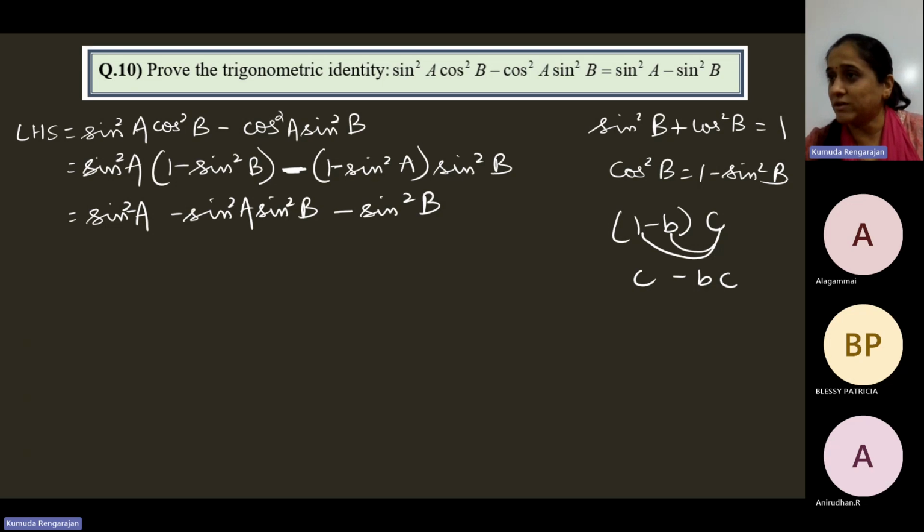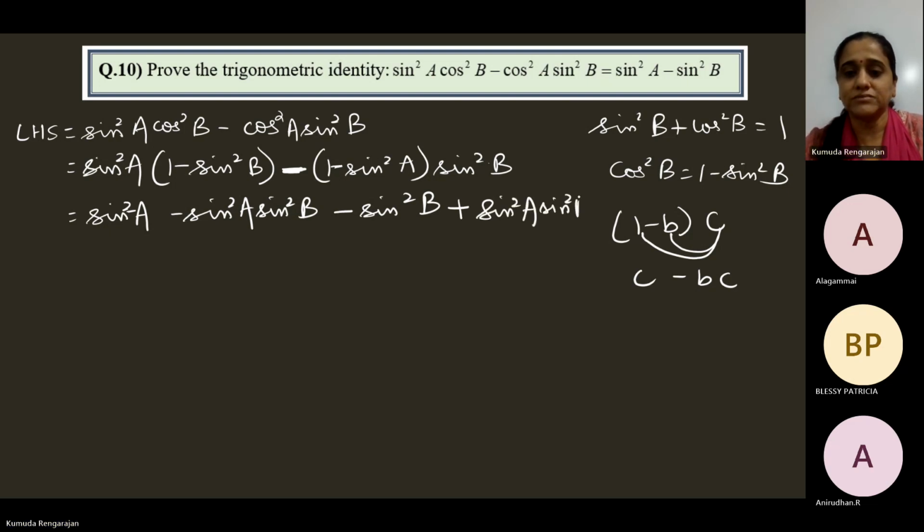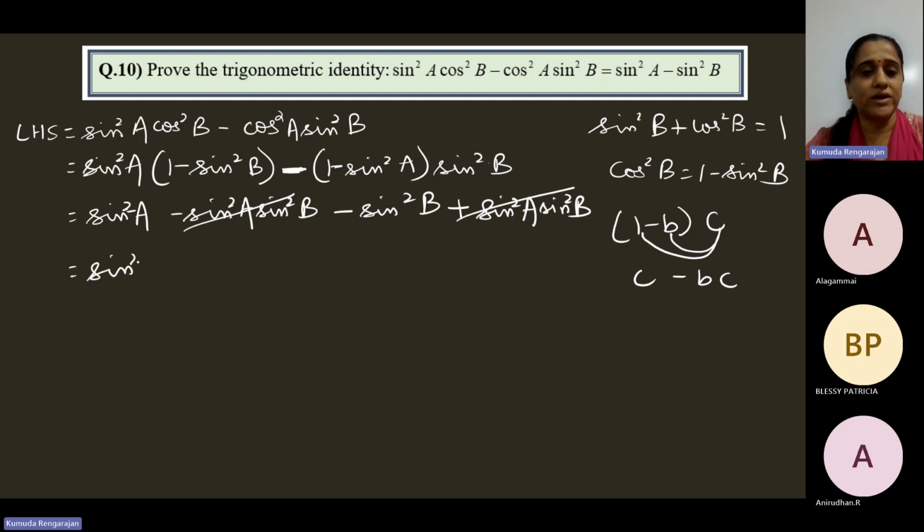Minus sine square B into 1 is minus sine square B. Then minus sine square B into minus sine square A. See the minus here, minus into minus plus sine square A sine square B. So they get cancelled, right? Sine square A minus sine square B, which is the RHS. Yeah, write down.